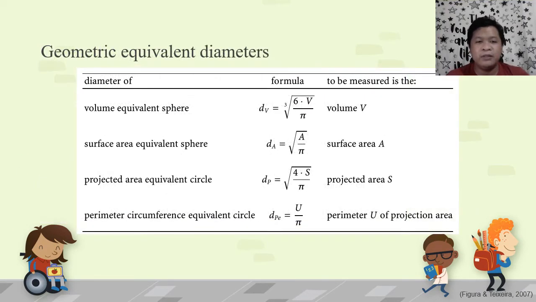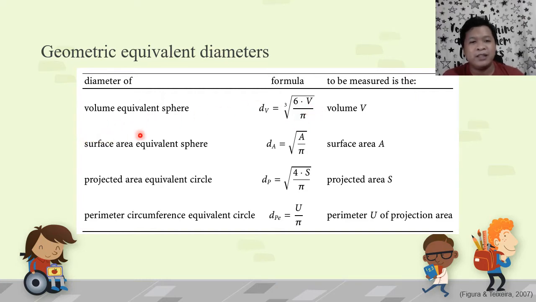Okay, so ito naman yung cheat sheet para dun sa mga equivalent na pinag-usapan natin kanina. So if you want to know the equivalent diameter, if you know the volume of your particle, let's say average volume, you can use cube root of 6V over pi. Hindi na natin titignan yung mga derivations nito, pero at least we know na ito yung gagamitin natin if you want to convert.